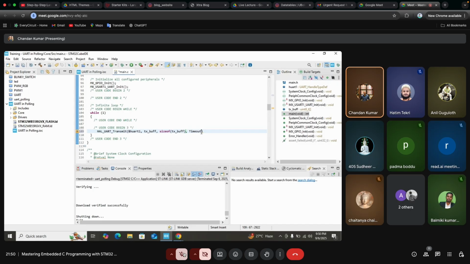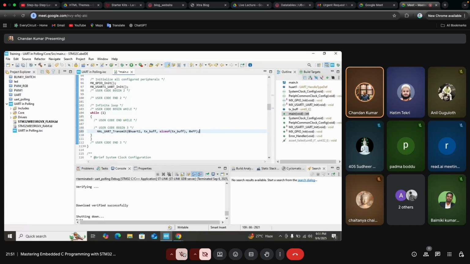No. But here we will use it. Because in interrupt mode, every time the interrupt will be generated, it will transmit or receive the data. But here no such interrupts get generated, so we have to fix the timeout. Okay. Timeout I will keep maximum, so that will be 0xFF.